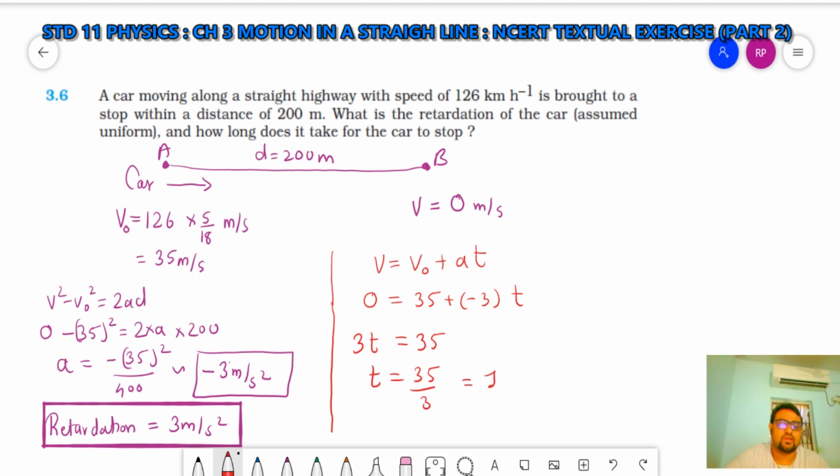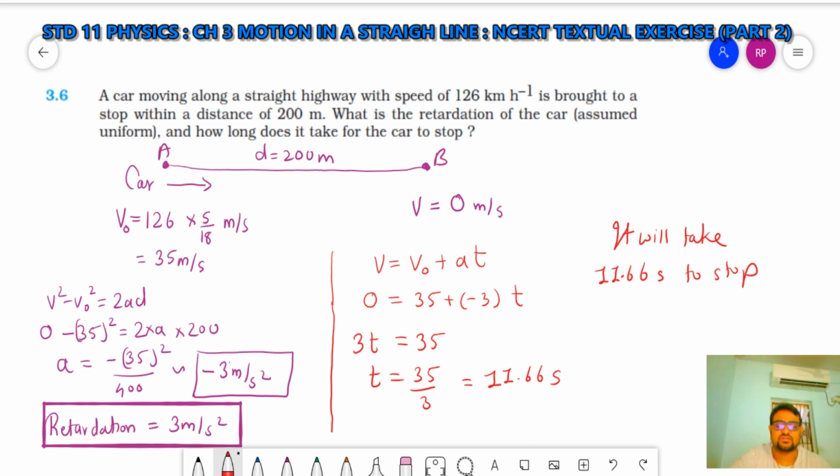That will be equal to 11.66 seconds. So it will take 11.66 seconds to stop. This was the second part. 11.66 is the approximate answer because we have taken a round figure here.